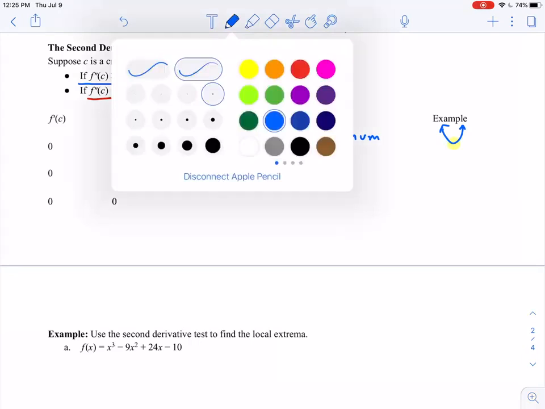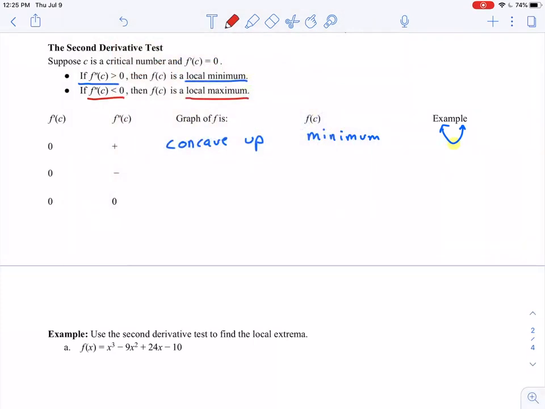If we switch the sign on the second derivative, so now f double prime of c is negative, then we know in that case that the graph of f is concave down, so we must have a maximum. And I should say both of these are local minimums and local maximums.